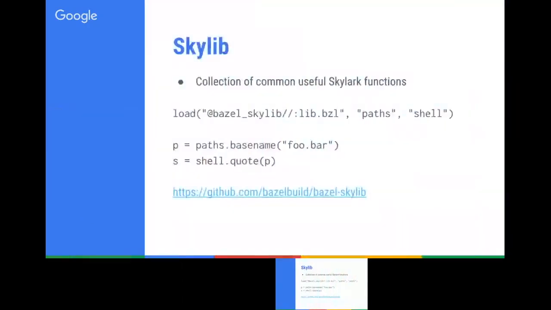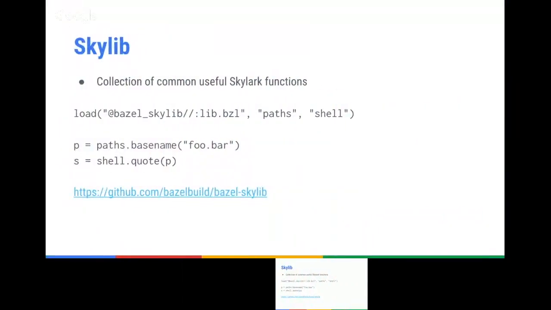And just a few things of what we are doing or what we want to do. So there's Skylib, which we open sourced recently. It's just a collection of useful functions because we noticed that many people need the same functions, so we should just put them in a library. So here you can see some functions with path manipulation or quoting some string to pass it to a shell.